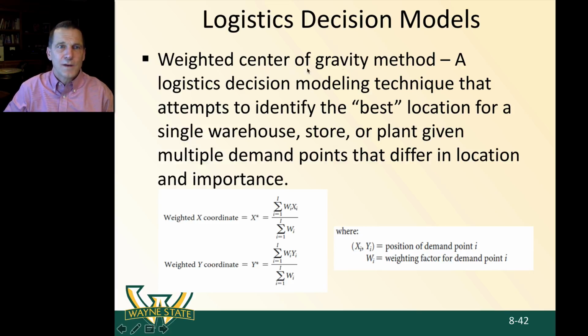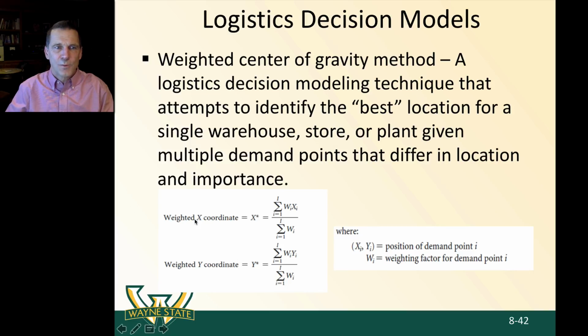The weighted center of gravity method, our text defines, is a logistics decision modeling technique that attempts to identify the best location for a single warehouse, store, or plant given multiple demand points that differ in location and in importance. The weighting gives us a way to put some gravity into the importance factor.